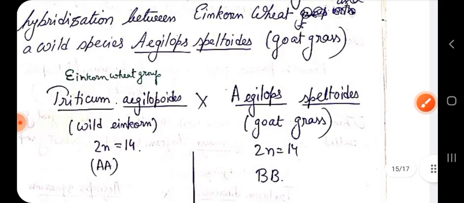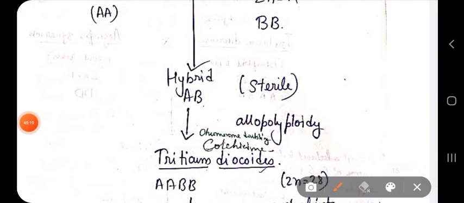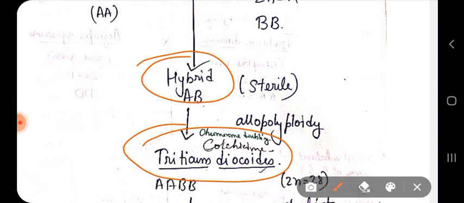It also has 14 chromosomes, and they fuse to form a hybrid. That hybrid is sterile, obviously, due to chromosome incompatibility, so we force it to undergo chromosome doubling.